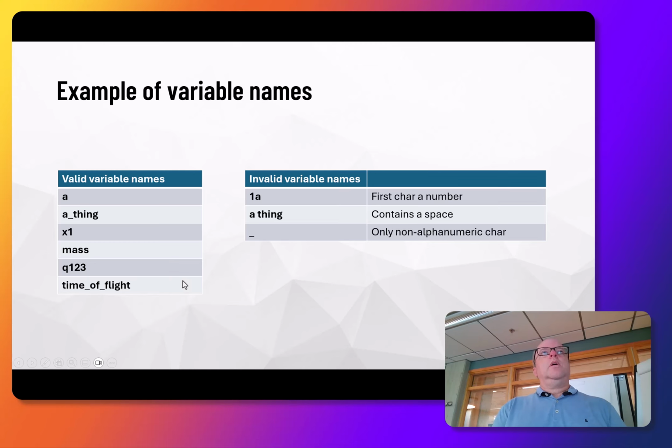You have A, an alphanumeric character, you have underscore, the second character works well, X and a number, and so on. This is not valid because you have a 1 starting in the first position. Space is also not allowed. Also, you can't use only non-alphanumeric characters. You need to have a character as well as a non-alphanumeric character in your variables.